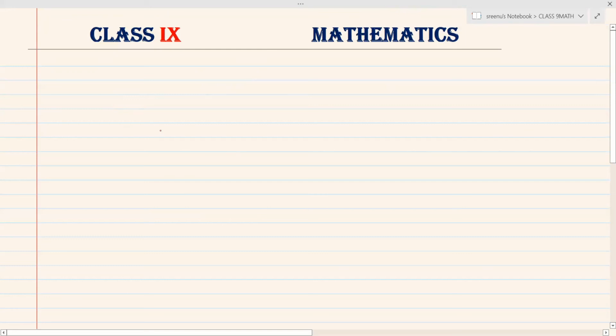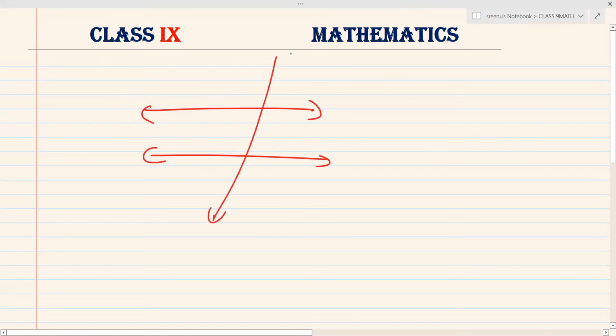If two interior angles on the same side of a transversal, so let us take the transversal, L, M, N to go with. Two interior angles on the same side.